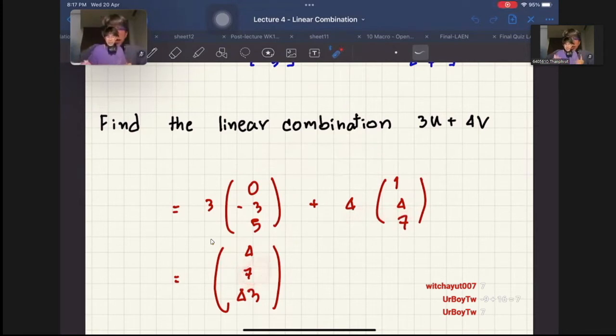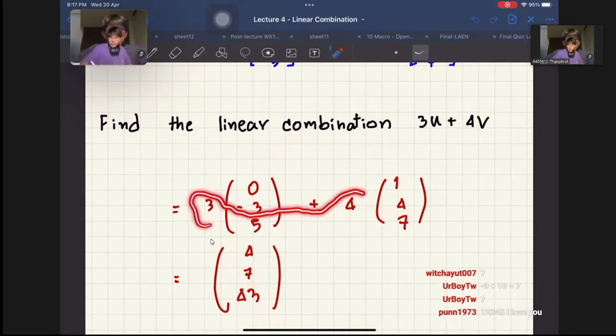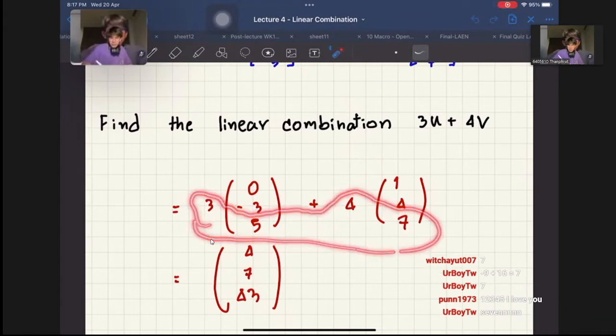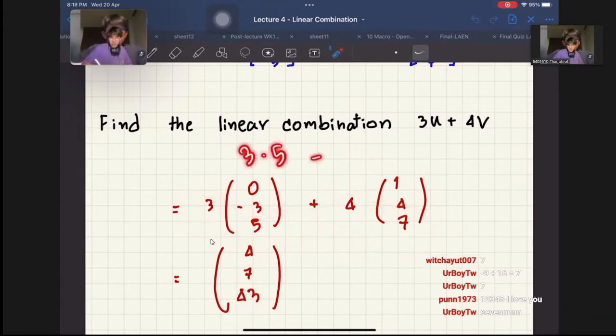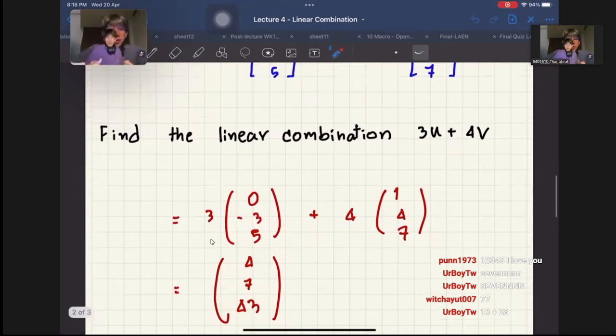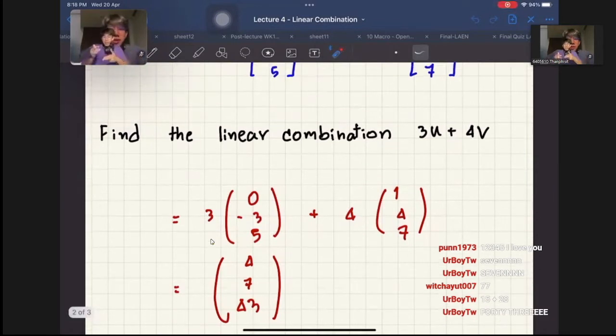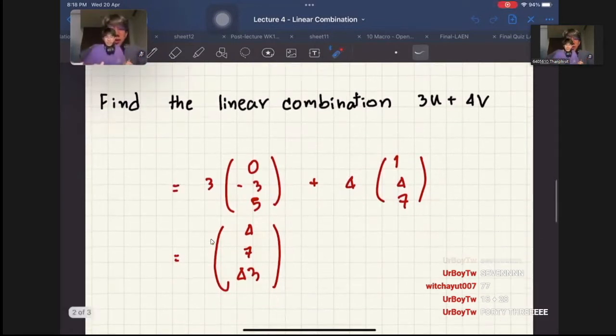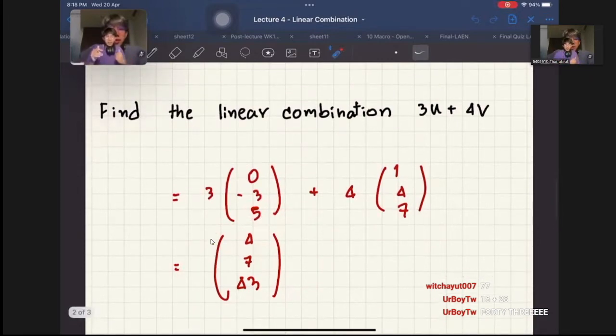Easy. And the next is the same. You look at the third row. You will get 3 times 5 plus 4 times 7, you will get 43. This is the answer. So the linear combination of 3 times vector u plus 4 times vector v is 4, 7 and 43.